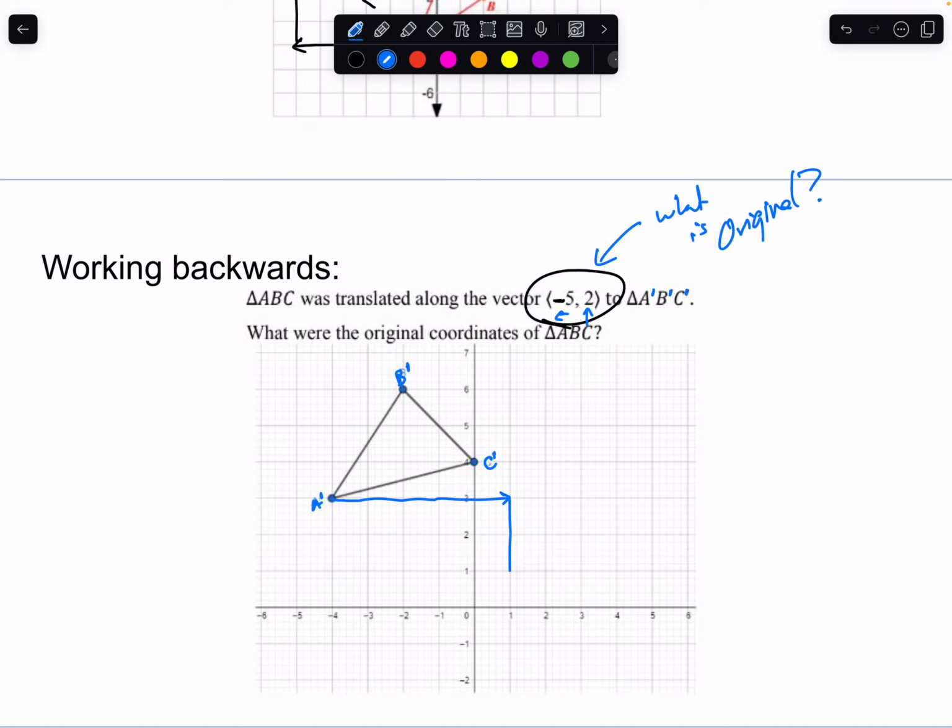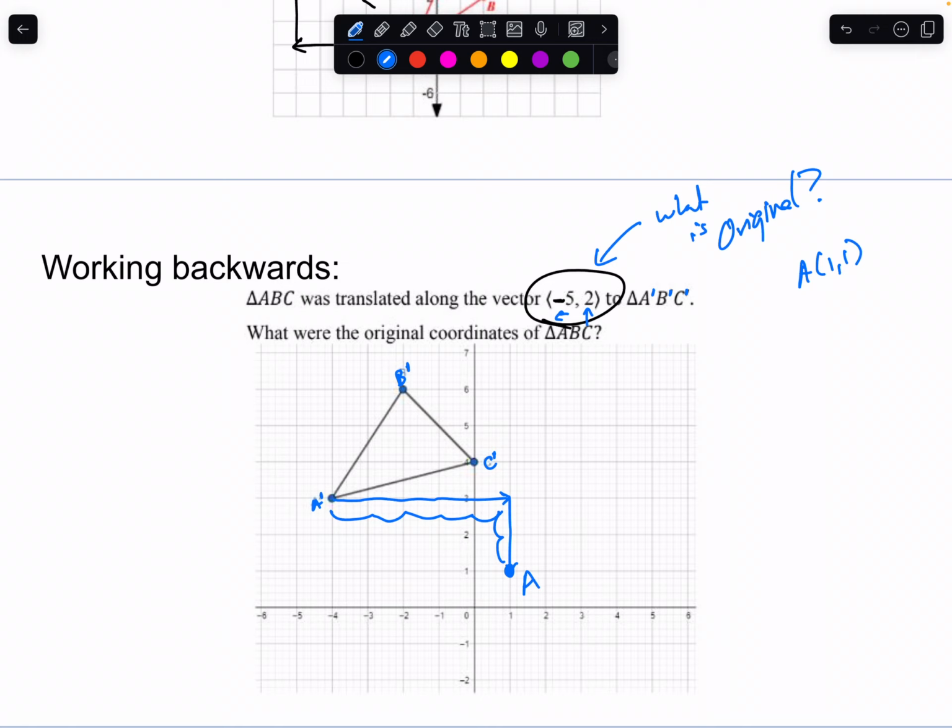We're going to do 2 units down. That means that my original point started here. It went up 2 units and then over 1, 2, 3, 4, 5 units to the left. Right? And this point is at 1, 1.